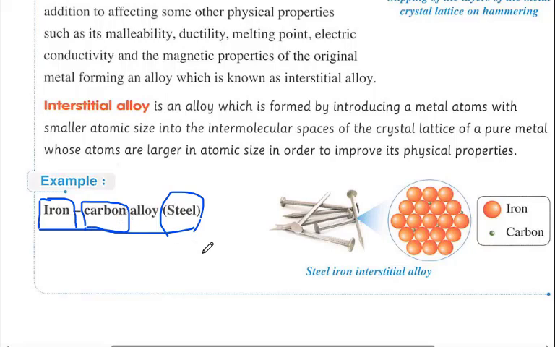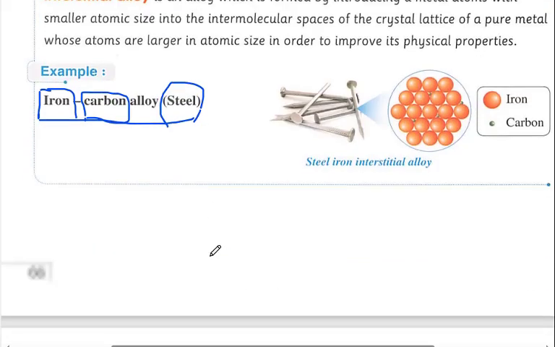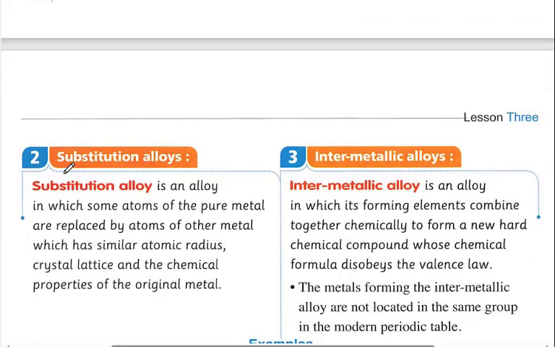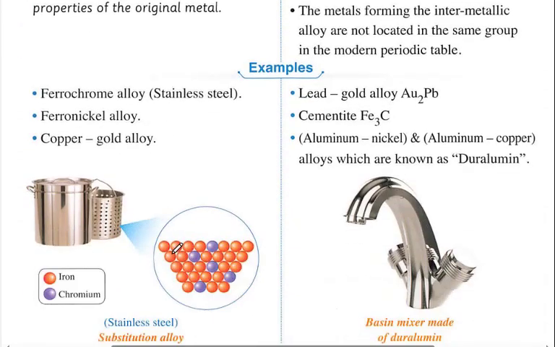Okay, we called it interstitial alloy. There are two cases afterward, the substitution alloy and the intermetallic alloy. Substitution alloy, as we see here, there is some metal atoms replaced by another atom.